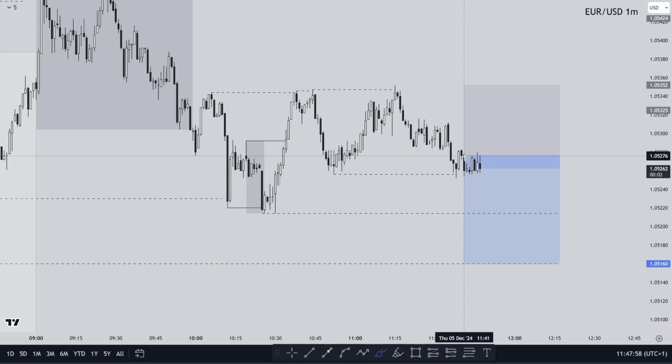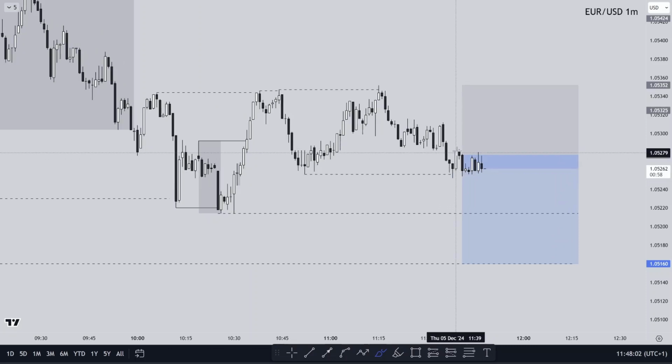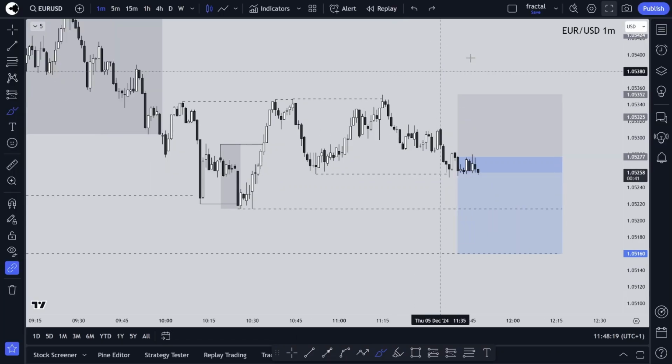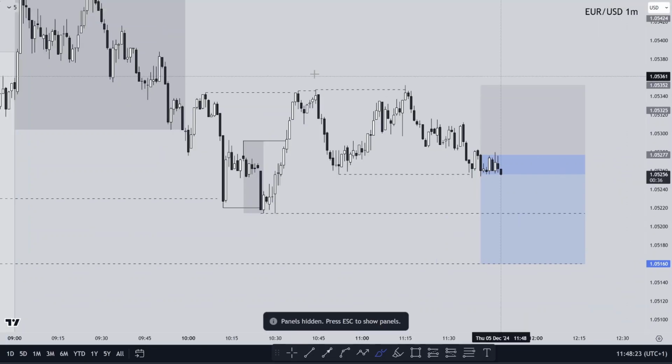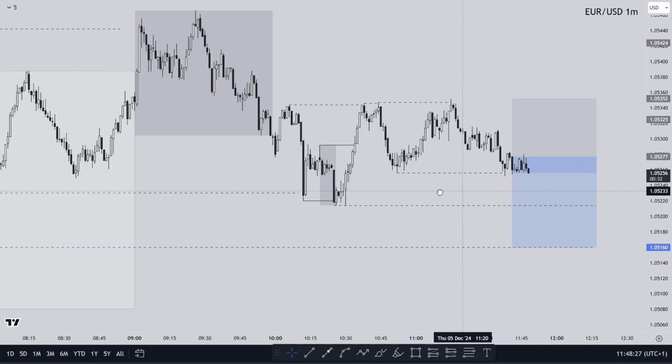So I decided to enter after I see the reaction to the liquidity. So as you can see from the MetaTrader stats, I entered at 12:41 broker time, so my 11:41 time, and as I said before, now I can expect the price to go lower.